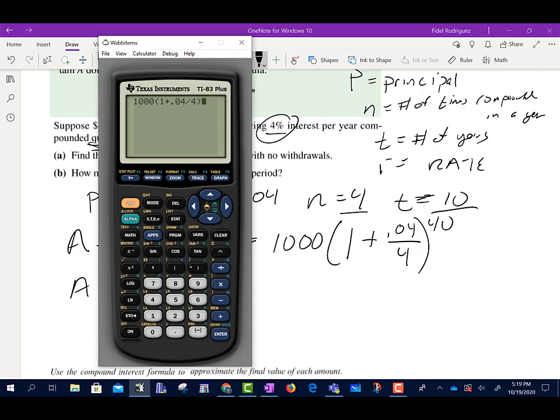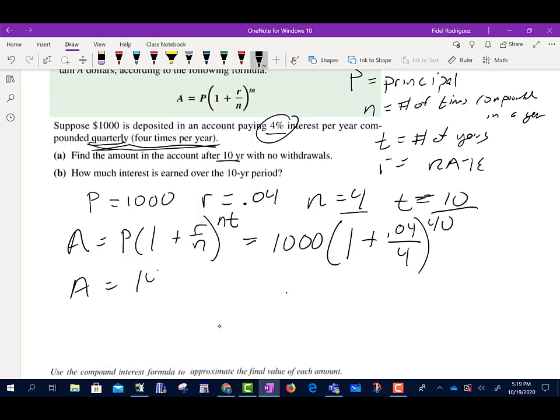What do we have after that? Raise it to the power of 40. Okay. I'm going to hit enter, and since this is money, I'm going to go to 2 decimal places: $1,488.86. So $1,488.86, right? And here's my answer for part A.